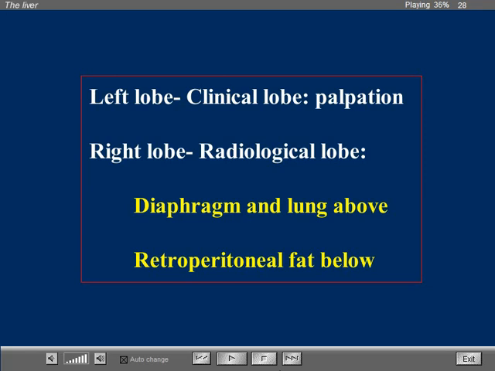So elevation of the right dome of the diaphragm is usually the result of cephalic growth of the right lobe of the liver, either because the dome is displaced superiorly by eventration or by hepatomegaly. The hepatomegaly can be diffuse or focal.